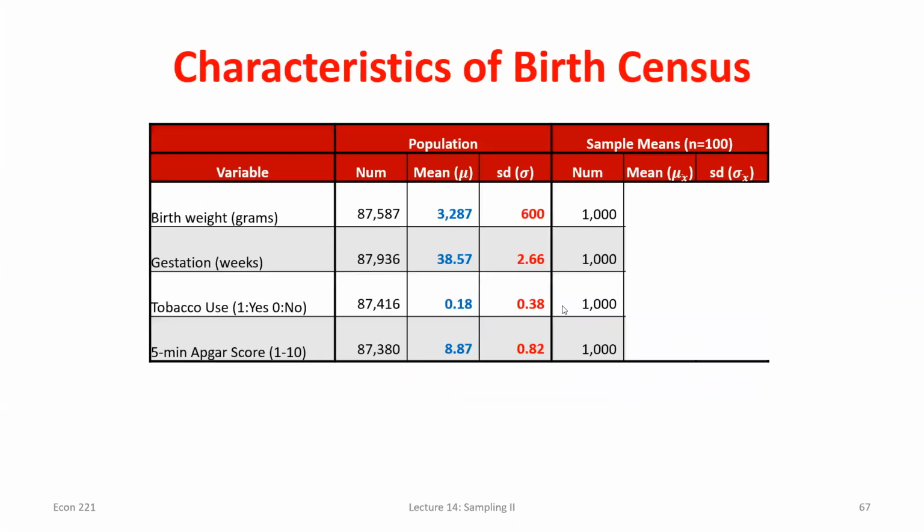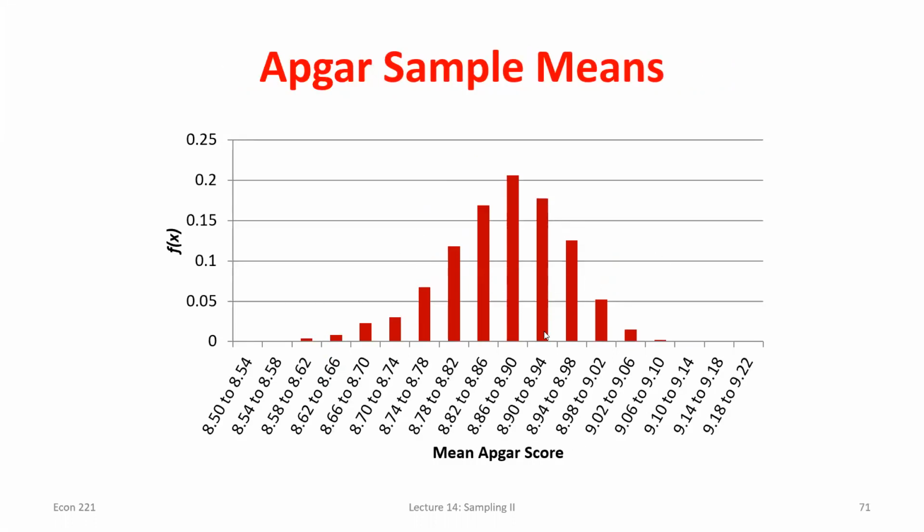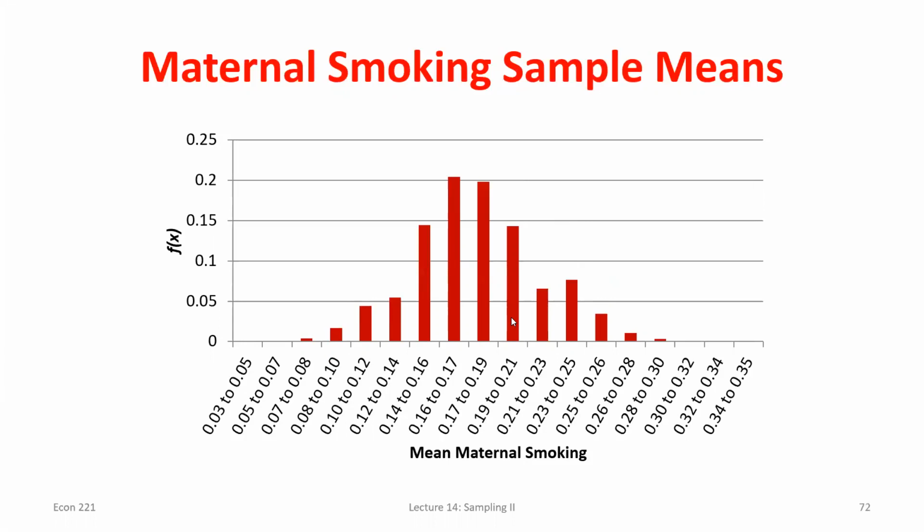So sure enough, when I look at the sample mean birth weights, I only see sample means from about 3,000 to 3,500. That's because these extremely high and extremely low birth weights get averaged out when I'm looking at a sample of 100 births. Same kind of idea for each of these other variables. I get a more narrow range of values that I could see for that sample mean, okay?